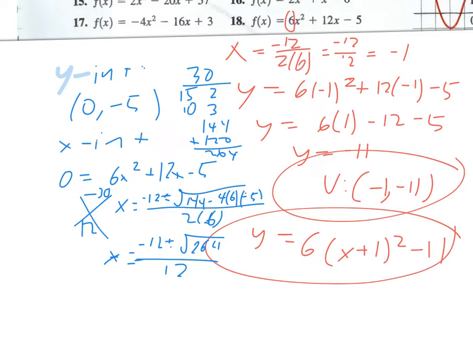Now we're not allowed to reduce yet because we need to break down the radical 264. So I know that that's even, so it can divide by 2, and it'll be 132, which is even again. So it'll break down as 2 and 66, which is even again. So it'll be 2 and 33, which should be 3 and 11.